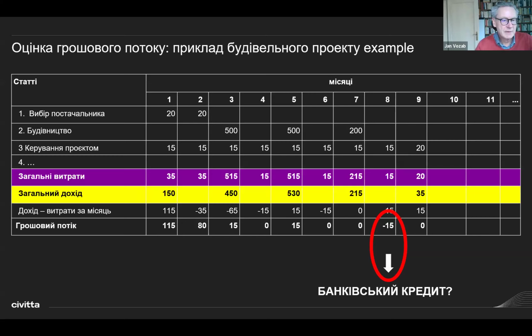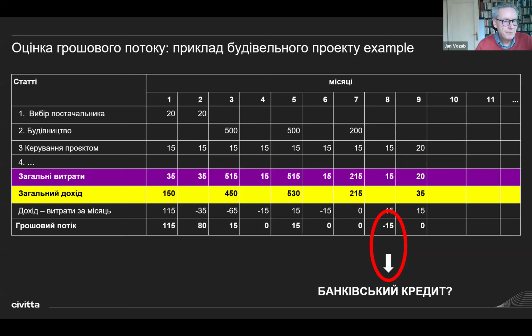In the second month, you spend 35 money, but you get no money from the donor, and you end up with 80 money at the end of month number 2.